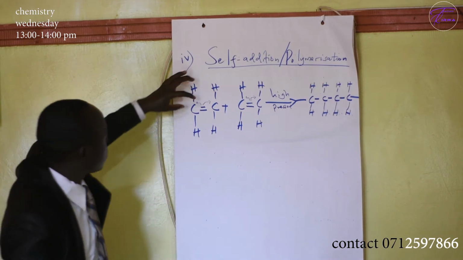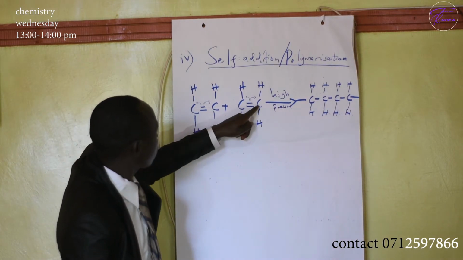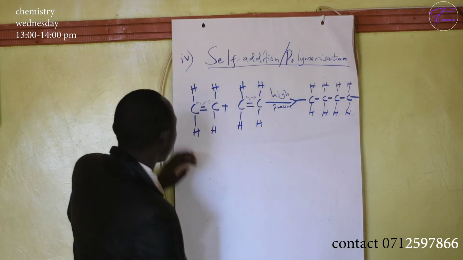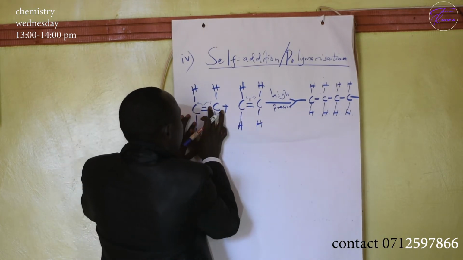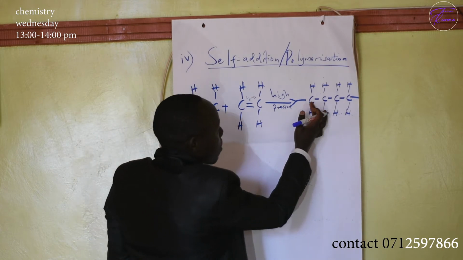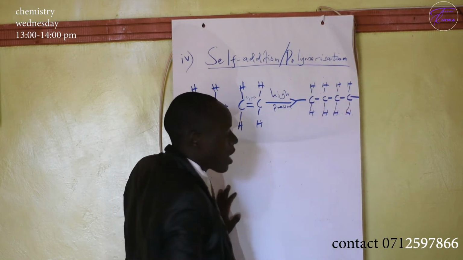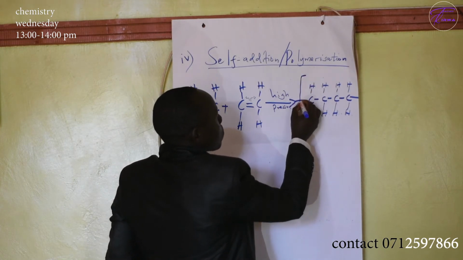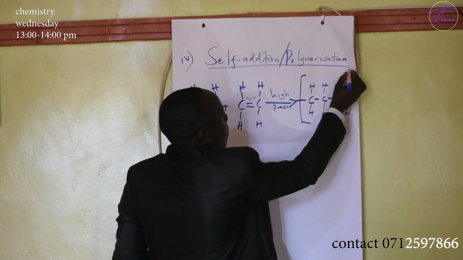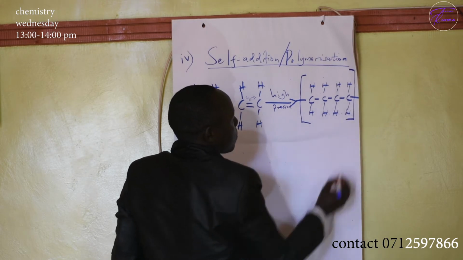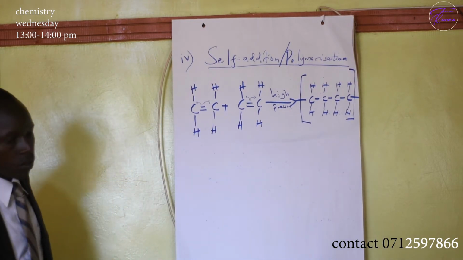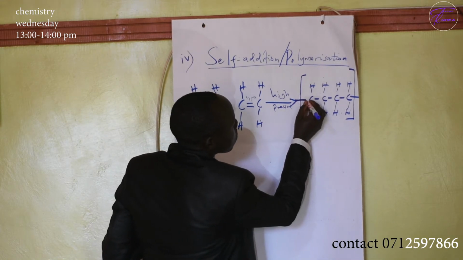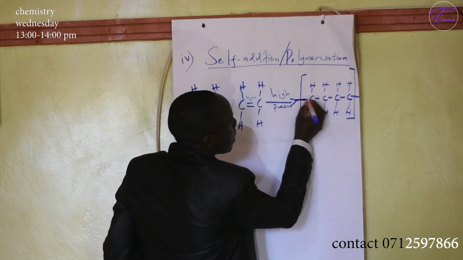Okay, so the 4 carbons join. You just break this bond and then you join all of them so that you have 1, 2, 3, 4. Now this one is enclosed with a square bracket, where the square bracket crosses the bond here.